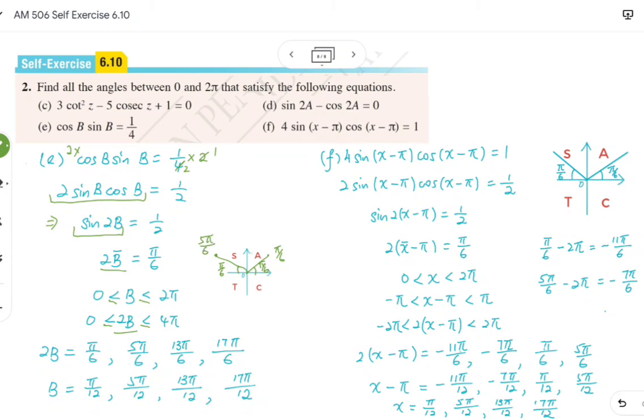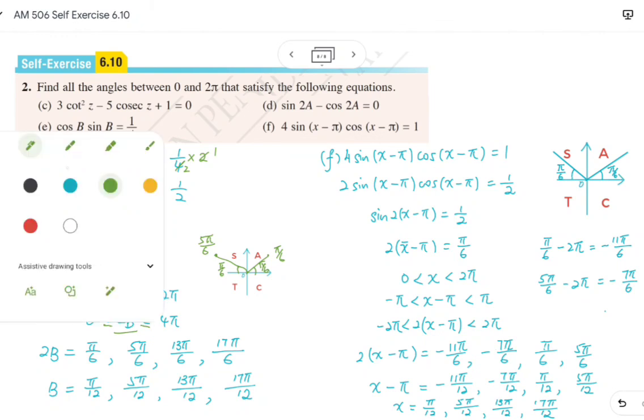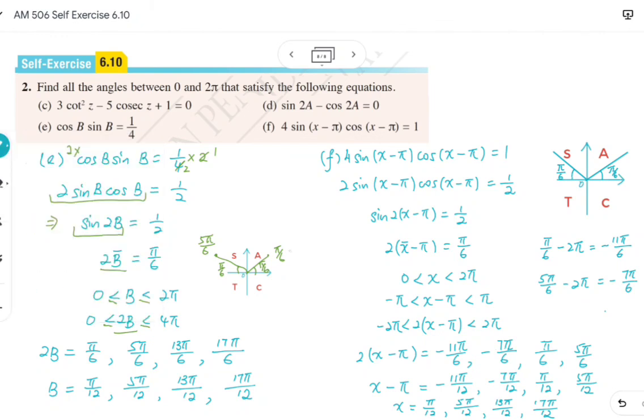Then for the second time around, each of these angles plus 2 pi, we get 13 pi over 6 and 17 pi over 6. Therefore, b is pi over 12, 5 pi over 12, 13 pi over 12, and 17 pi over 12.